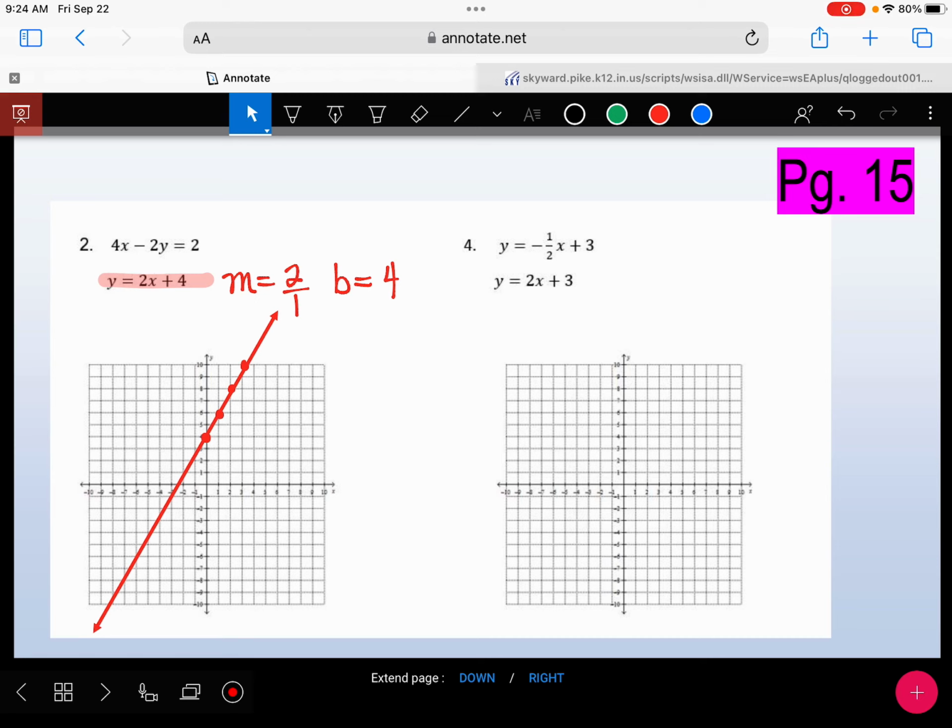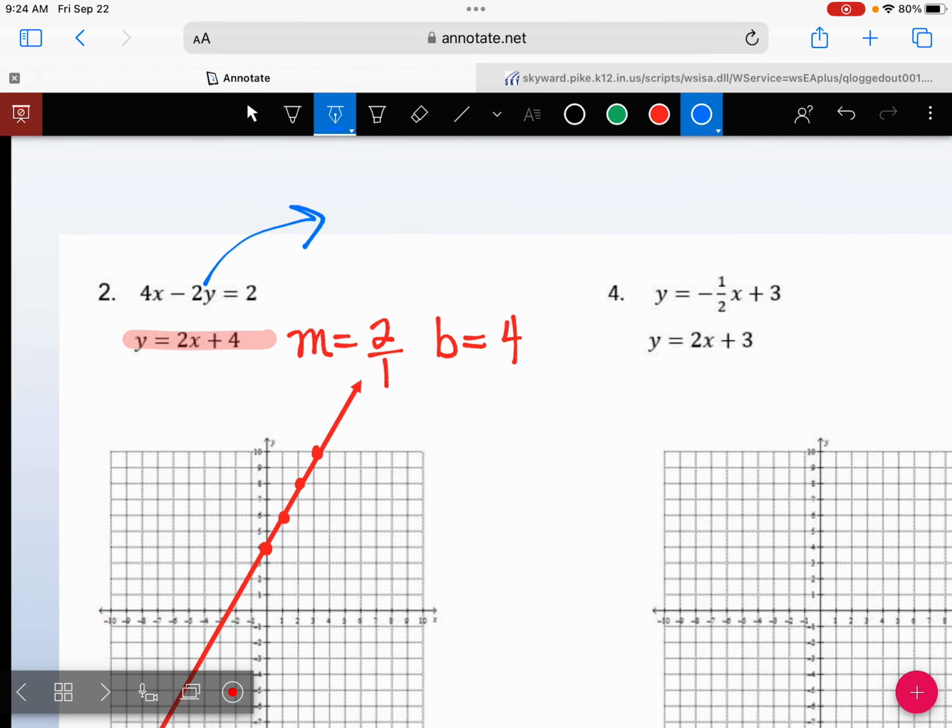Now take that top equation, put it in slope-intercept form. So take this equation right here. We're going to put it in slope-intercept form, just like we did in our bell work.